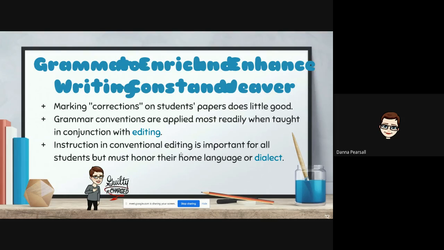So it's something that you have to really think about as your students read and write, like the way that they structure their sentences.